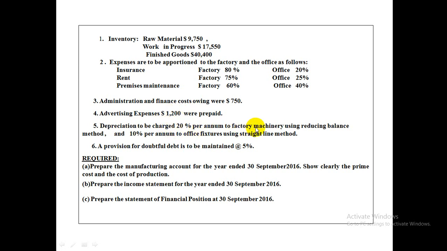Depreciation 20% for factory machinery using reducing balance method and 10% for office fixture using straight line method. A provision is to be maintained at 5%. We'll see its calculation in the next slides. Requirement is manufacturing account, income statement, and statement of financial position, which is known as balance sheet.